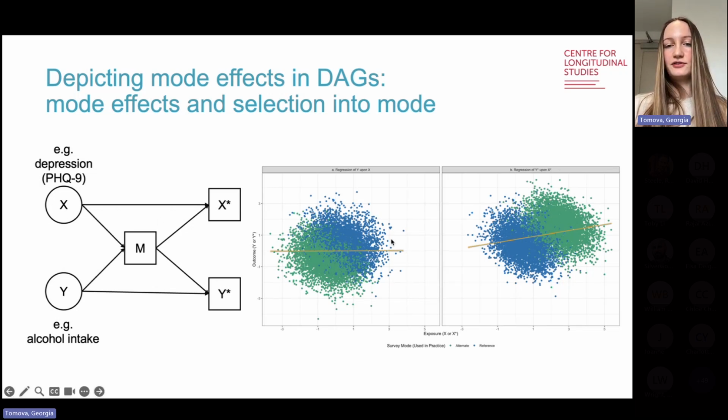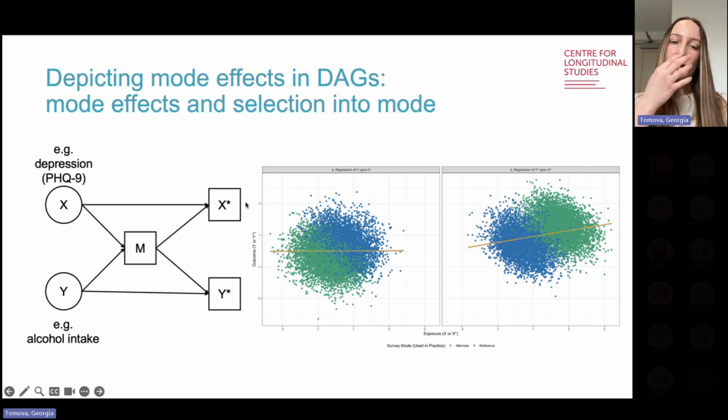On the left, we have the true values of X and Y. As expected, there is no relationship, but we see a relationship between them on the right where we use their measured versions. This is because in this case, survey mode introduces variation in both of them, so we can see this almost as a confounding structure.